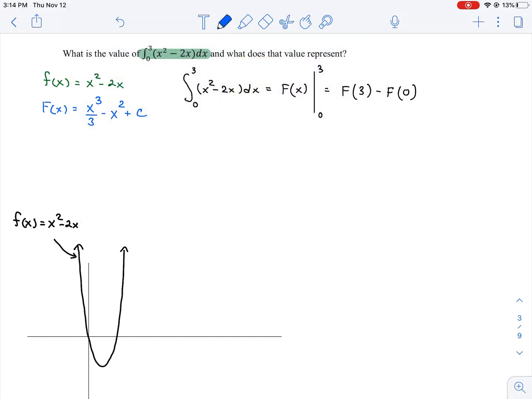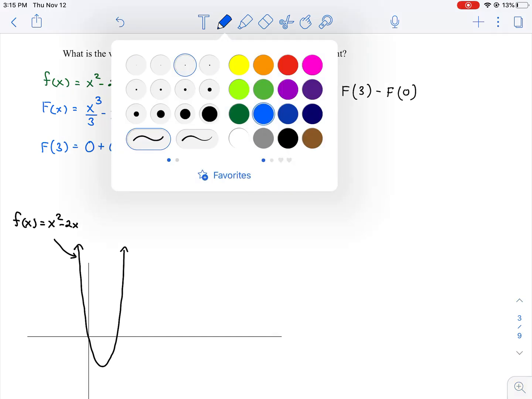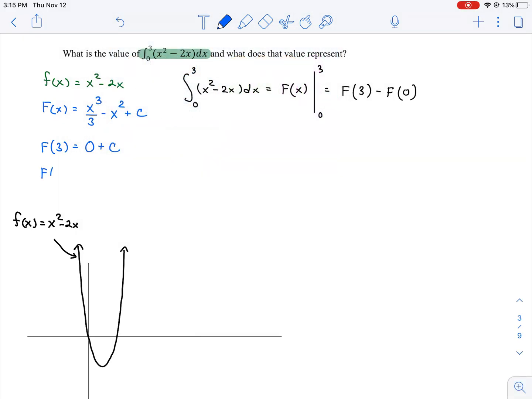Okay, so capital F of 3 is equal to 0 plus c, and capital F of 0 is also equal to 0 plus c.